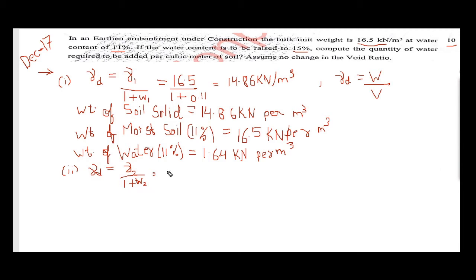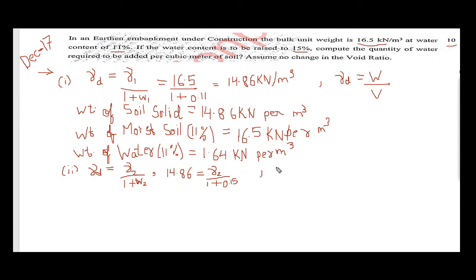The gamma d value is 14.86, which equals gamma 2, the bulk unit weight, divided by 1 plus the water content. The water content is 0.15.